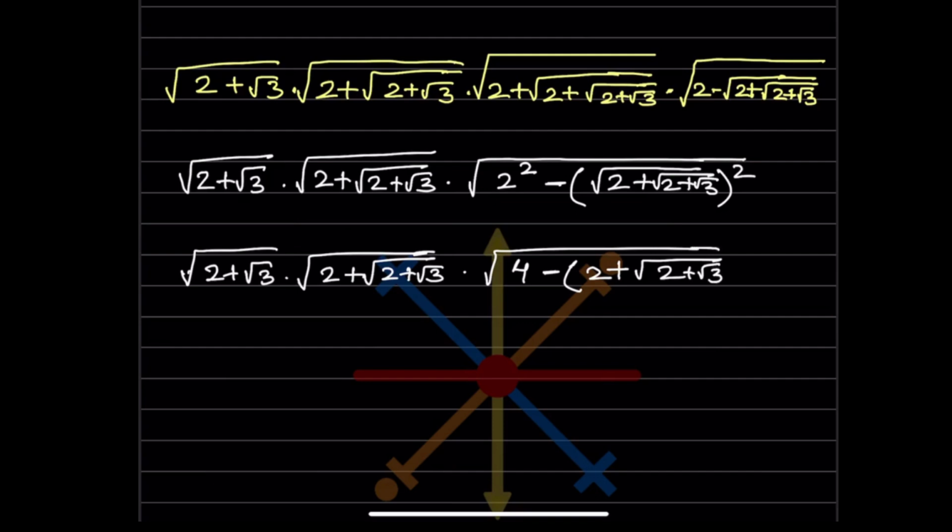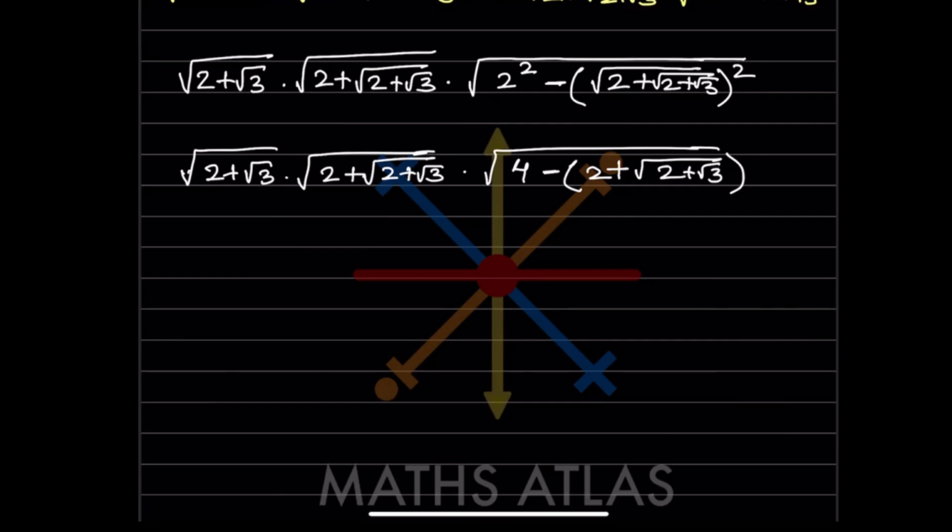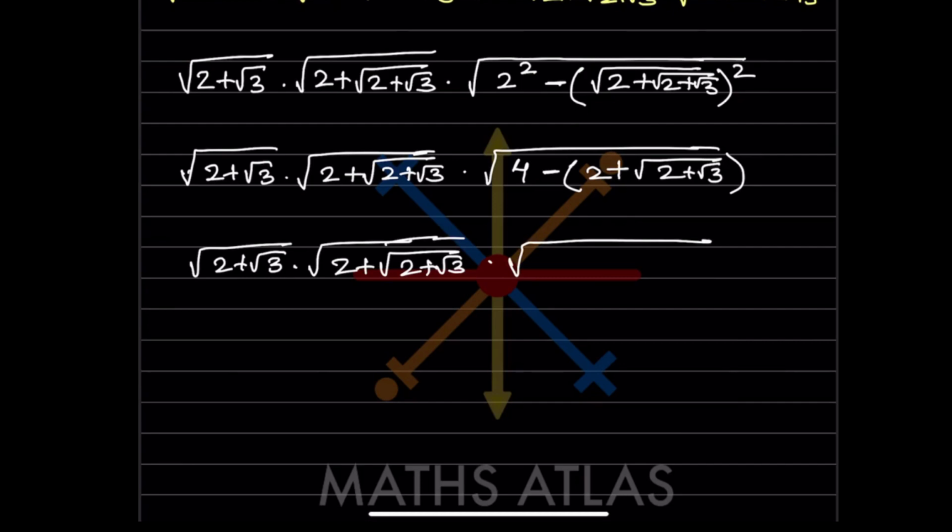So again the first two we will keep as it is. First we'll keep as it is, and now what you can see, now this also in the next step we'll change it. So first two we'll keep as it is, and here what we can do here, 4 minus 2 minus, here is 2 plus root 3.